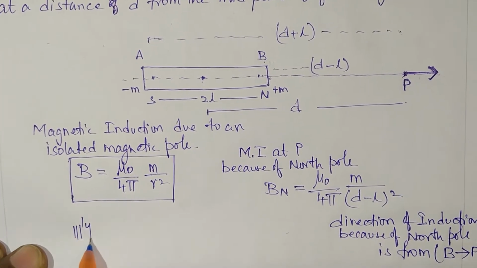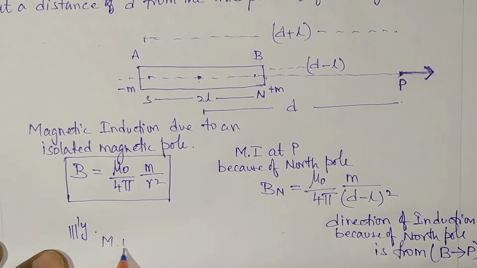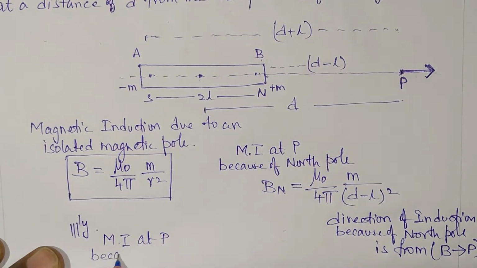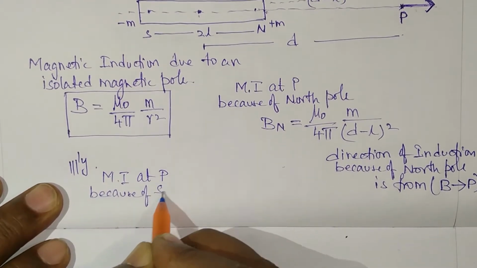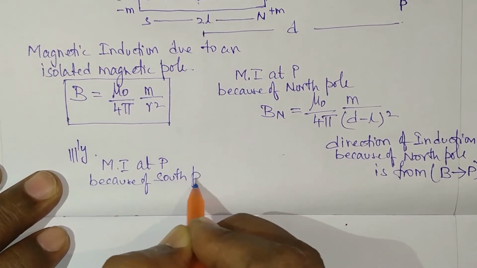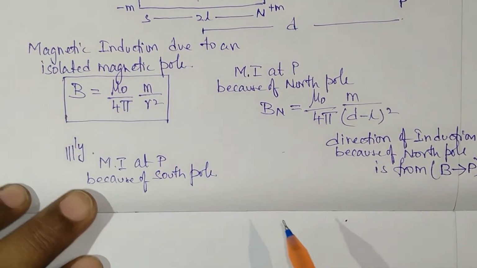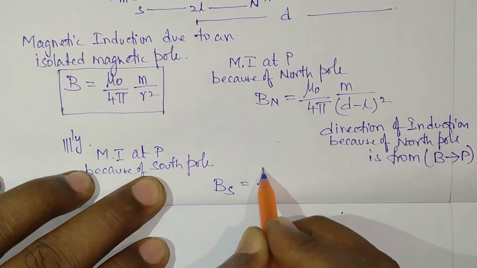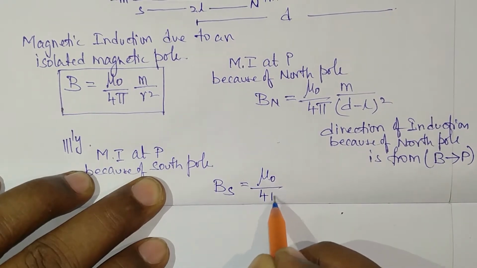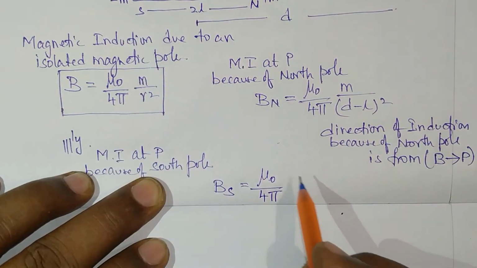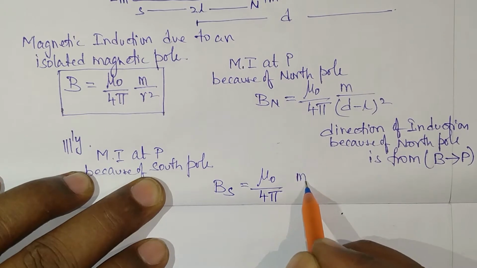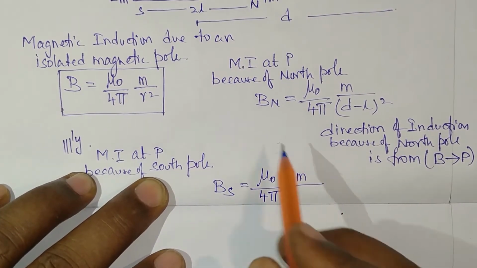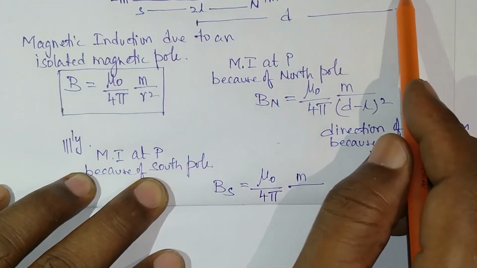Similarly, the magnetic induction at P because of the south pole, I will write it as Bs, is equal to mu naught by 4 pi. Again the pole strength is m. I will not consider the direction, only the magnitude. m by, now what is the distance from the south pole to this point P?